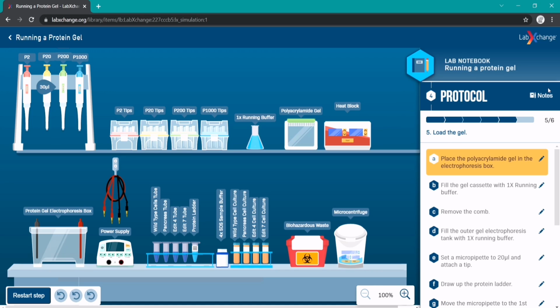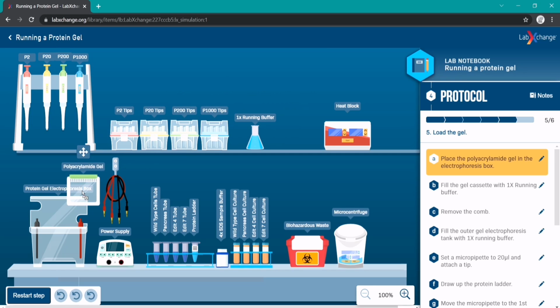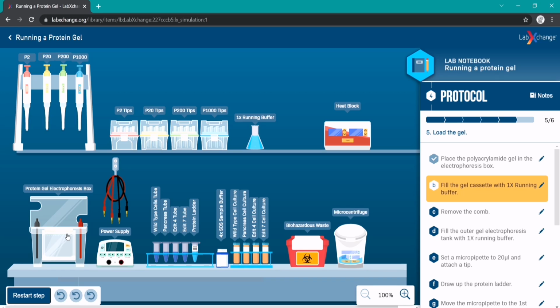The fifth part will be load the gel. Firstly, place the polyacrylamide gel in the electrophoresis box. Then, fill the gel cassette with 1x running buffer.